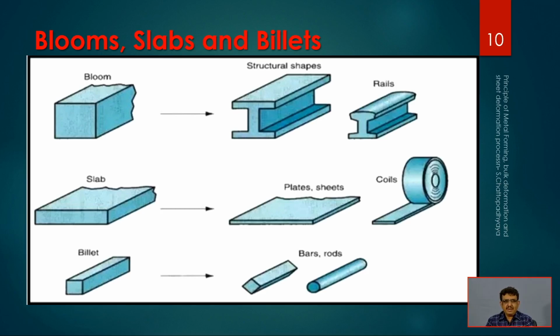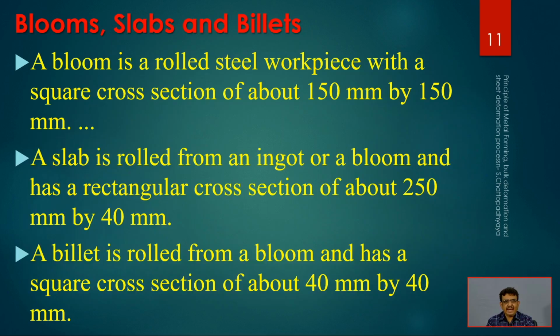The third is the billets, where all the cross-section dimensions are less in comparison to bloom. Billets are deformed to generate products like bars and rods. So these are the initial products coming from the continuous casting line.